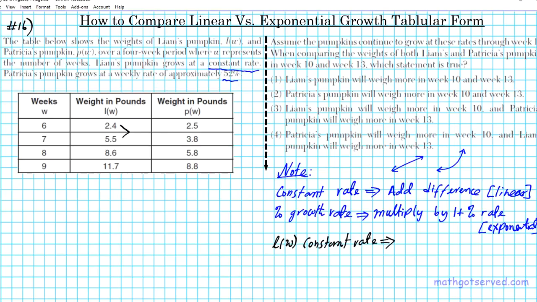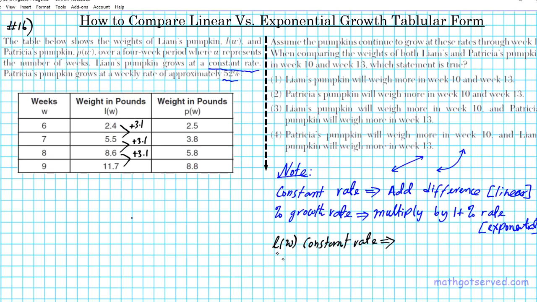So from 2.4 to 5.5, the constant difference, if you do the calculations, 5.5 minus 2.4 is 3.1. So you add 3.1. And then just to test it, if you add 3.1 to 5.5, guess what? You get 8.6. If you add the constant rate, which is 3.1, to 8.6, you get 11.7.